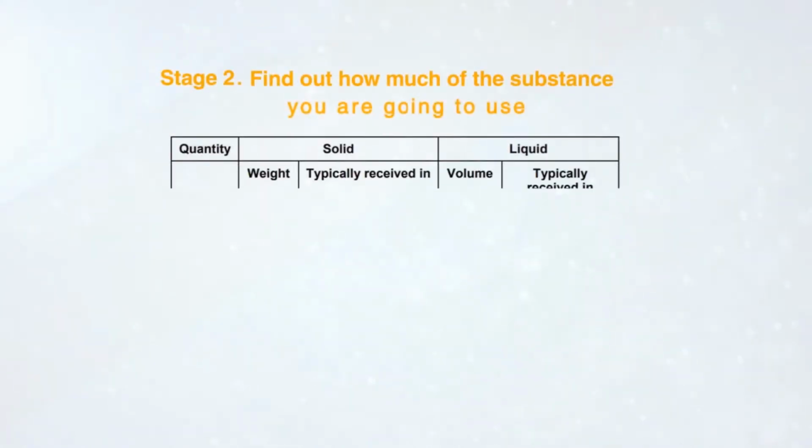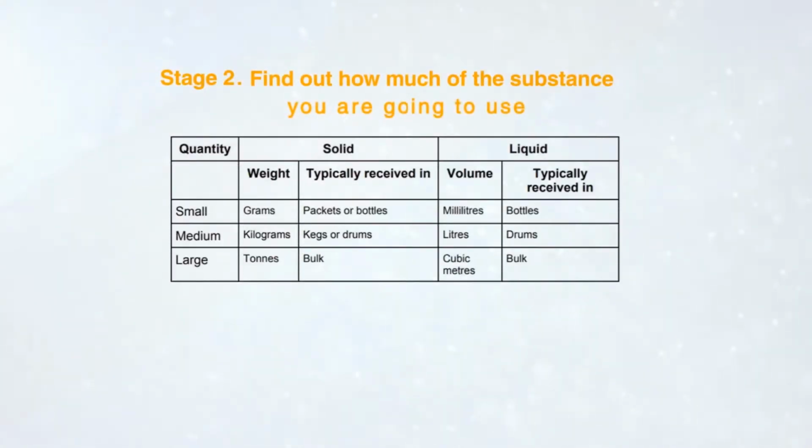Now in stage 2, we need to find out the amount or quantity of chemical used in our workplace. Let's say for example the chemical we are using is in solid form. If this chemical is used in grams, then the quantity will be termed as small. If the quantity of this solid chemical usage is in kilograms, then it will be termed as medium.